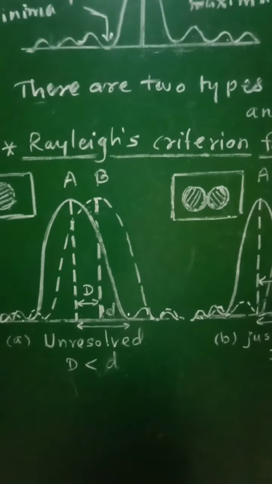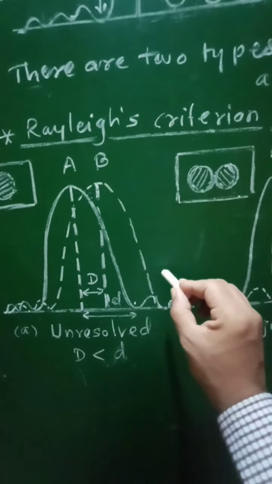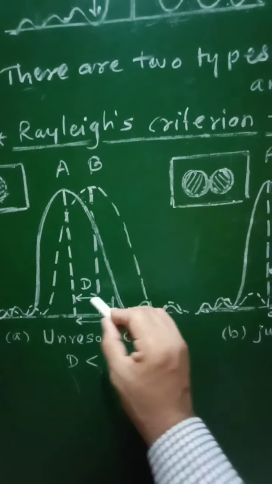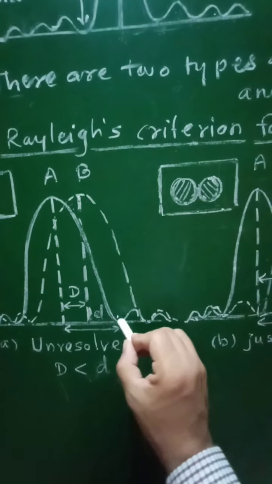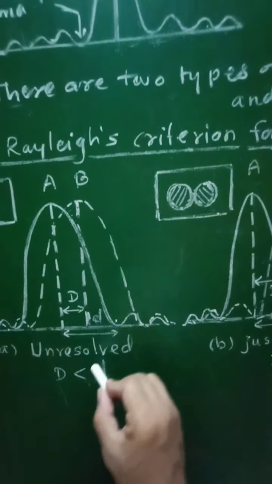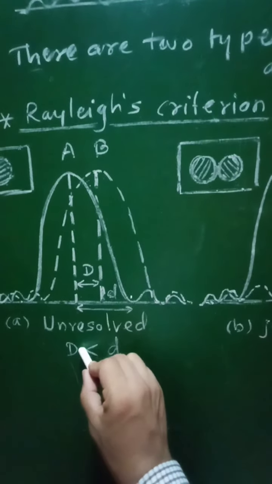According to the geometry of the figure, the distance between the central maxima of the two diffraction patterns is less than the distance between the central maximum and its first secondary minimum, that is, D is less than d.